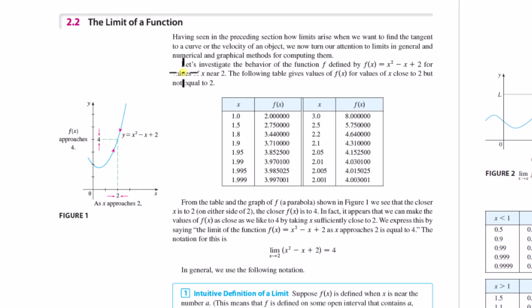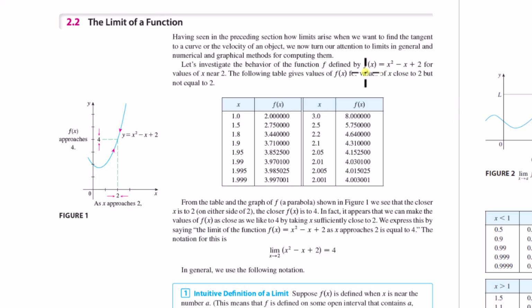Okay, so let's investigate the behavior of the function f, defined by f of x is equal to x squared minus x plus 2 for values of x near 2. Okay, so we've got this polynomial function here, quadratic function, which we know graphs a parabola.